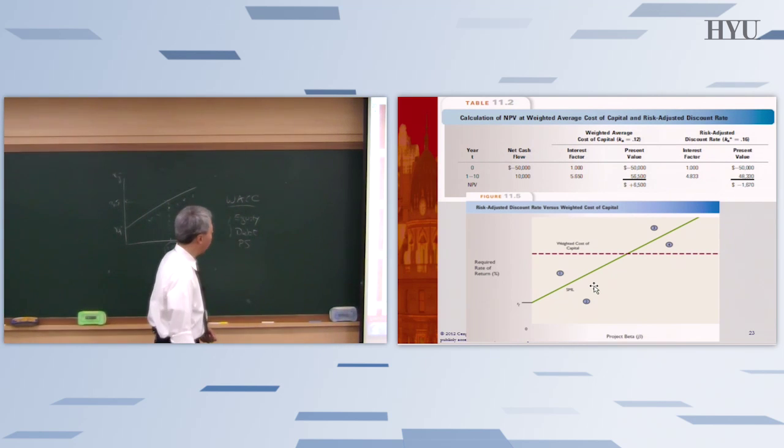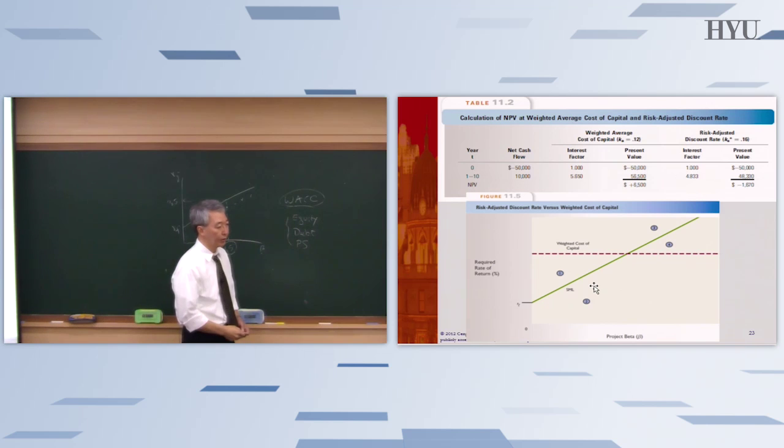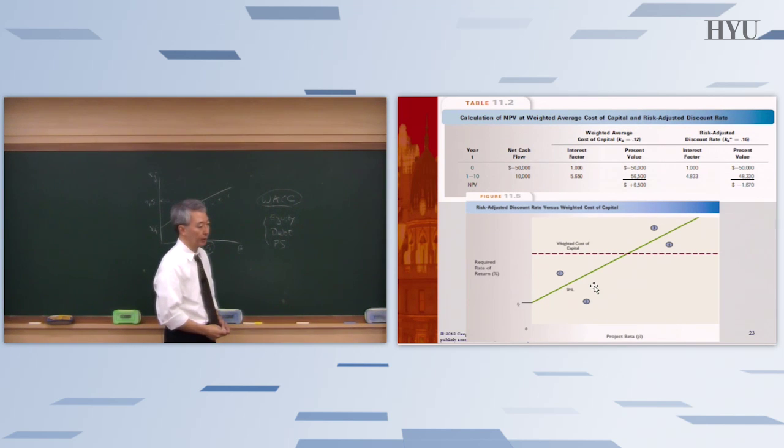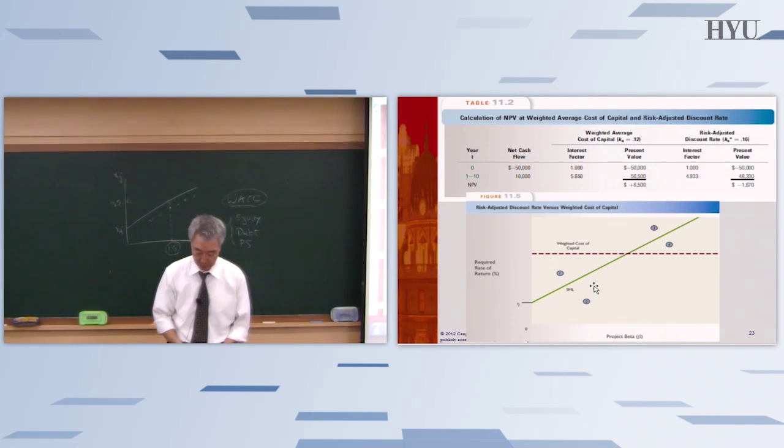WACC, weighted average cost of capital, is simply the weighted average of the cost of each individual type of capital. So we'll talk about that in full discussion in chapter 12.